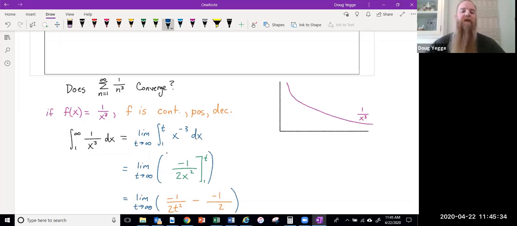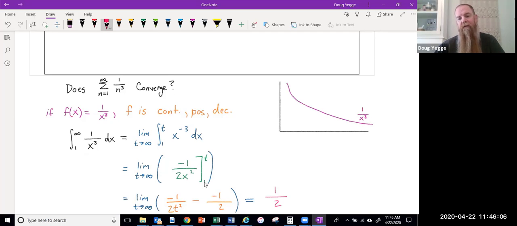But I hope that what you can notice is that anytime this is in fact convergent, this term will go to 0 when you plug in infinity, which means all that's left is going to show up from the second part, from the lower limit of integration in the fundamental theorem, which means that when I take the limit as t approaches infinity here, this gives me an answer of 1 over 2.